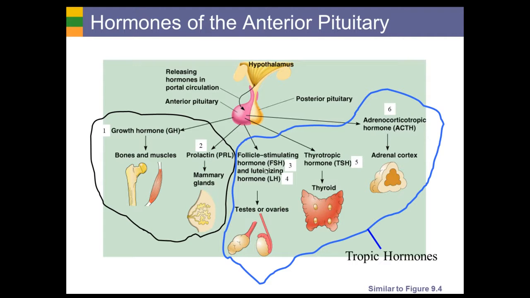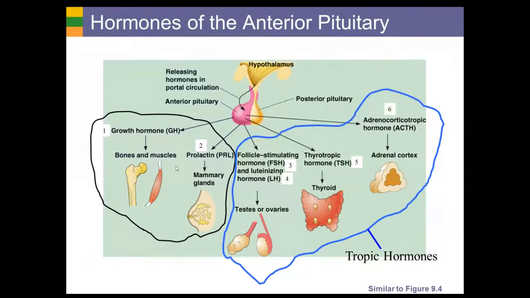So FSH and LH are tropic hormones because they target organs that themselves produce hormones. Thyroid stimulating hormone targets the thyroid, and of course the thyroid produces thyroid hormones. ACTH targets the adrenal cortex, which produces hormones. So these 4 are tropic hormones.